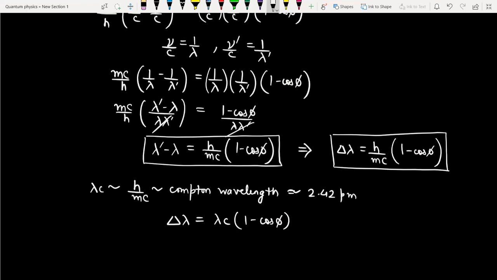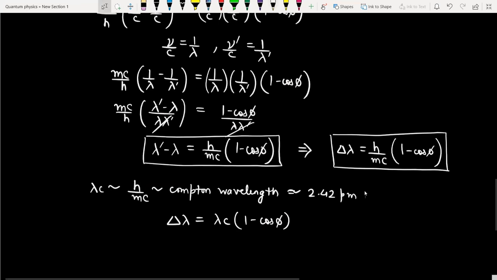Now I am asking, when will this change in wavelength, that is delta lambda, be maximum? So this delta lambda will be maximum if the value of phi is 180 degree, because obviously when phi is 180 degree, cos phi will be -1, and this will be 1 minus of -1, and that will be 2 times the value of the Compton wavelength.